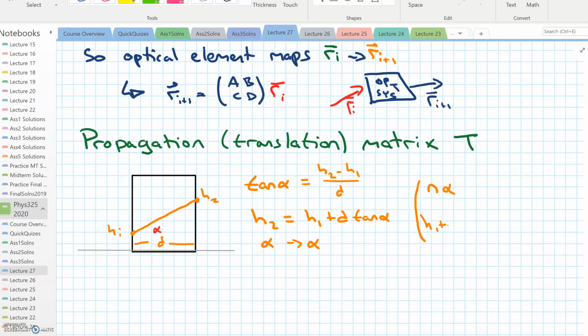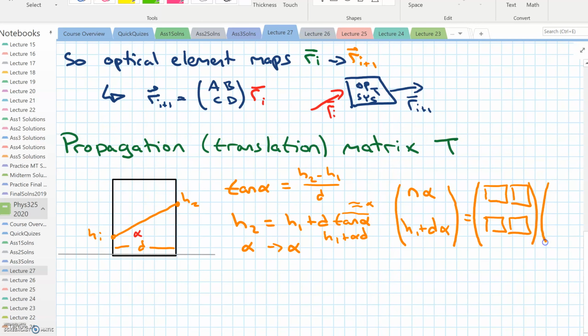So why am I wasting these 3 letters and writing tan alpha? Tan alpha is about equal to alpha. Yeah, that's going to make things a lot easier. So it's going to be H1 plus D times alpha. But that's also equal to some as yet unknown 2 by 2 matrix times the original input vector.